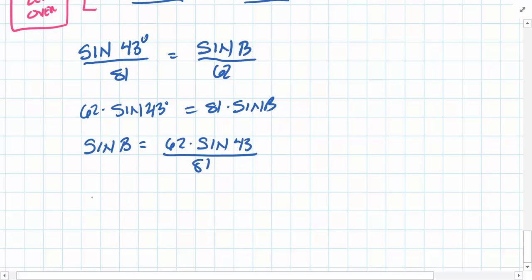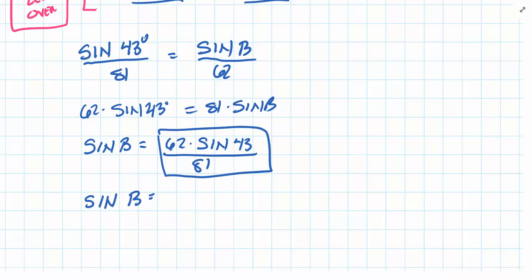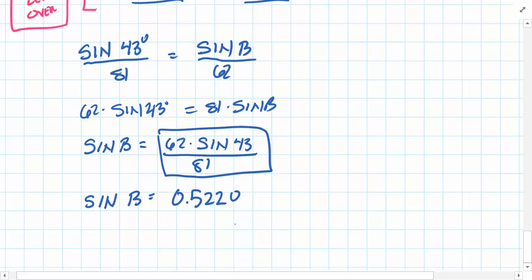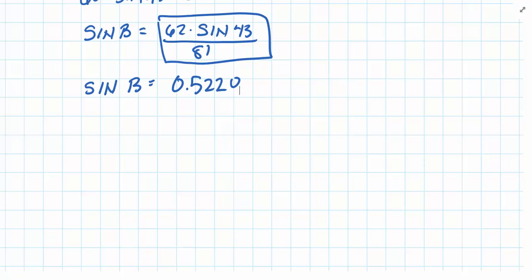Let's plug this into our calculator. What do you get when you plug 62 sine 43 divided by 81 into the calculator? Good. You should get 0.5220.